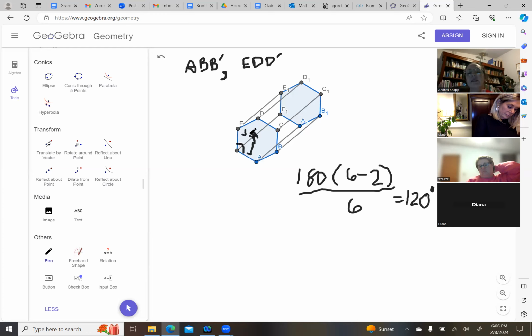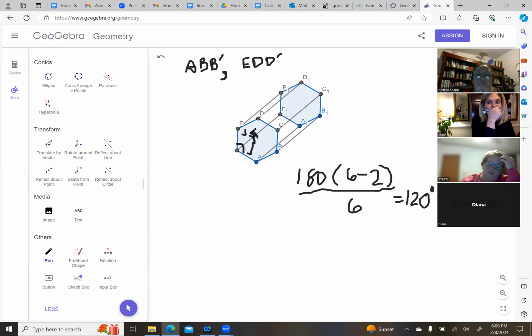Because you really could slice a parallel plane anywhere along that hexagonal prism, as long as that slice was parallel to the bases, you could find that 120-degree angle at any point.